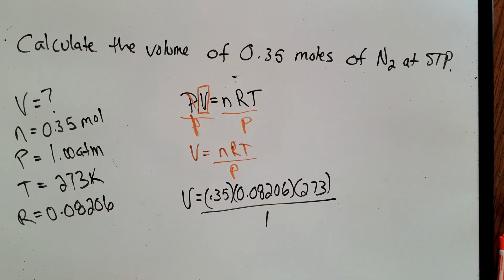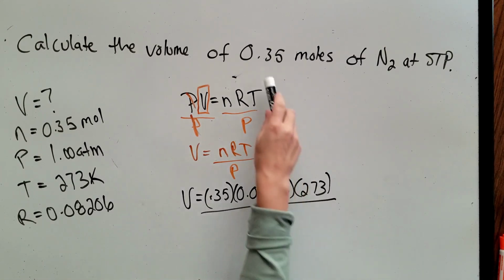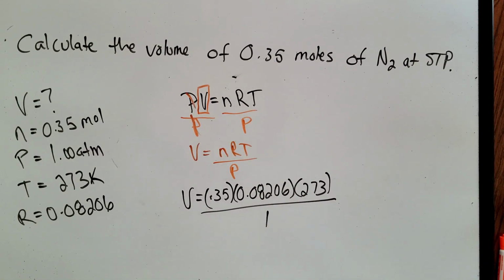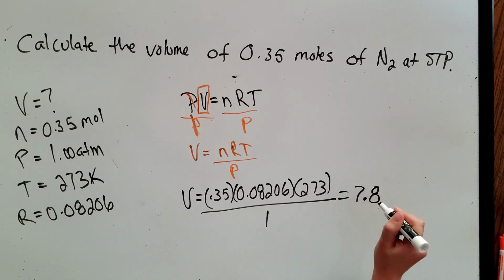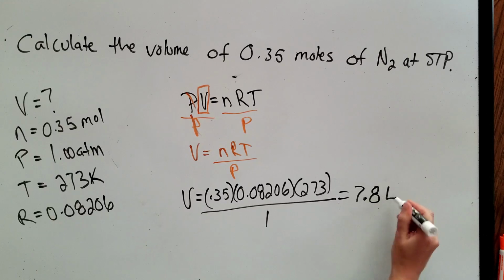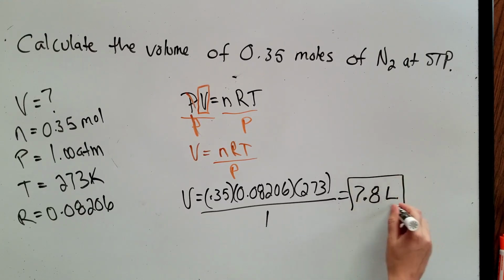So what volume do I have? 7.84, but we're looking at just 2 sig figs, so I'm going to do 7.8. And what are the units on volume? Liters. So 0.35 moles will take up 7.8 liters of volume at standard temperature pressure conditions.